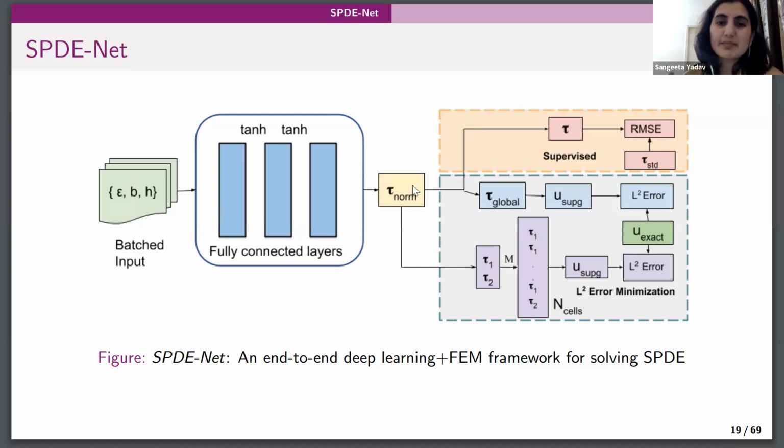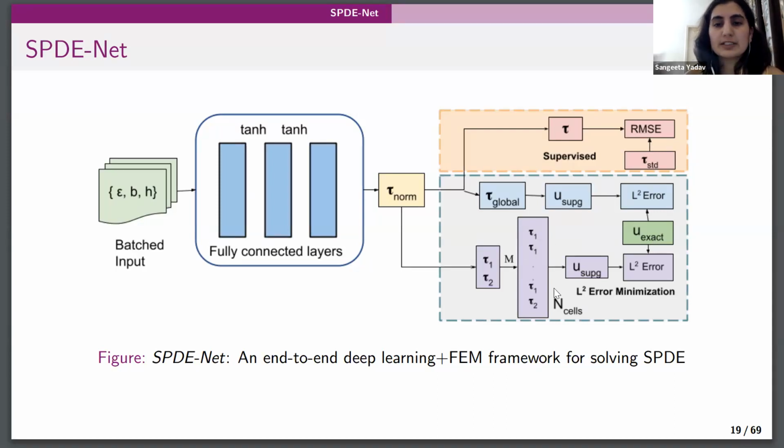And this stabilization parameter tau is used for three kinds of experiments. The first one is the supervised technique, wherein we use root mean square error between predicted tau and the tau coming from the standard formula, which we have seen earlier. The second experiment is the tau global experiment, wherein we substitute normalized tau in and obtain SUPG solution from it. And further, this SUPG L2 error between SUPG solution and the exact solution is used to learn the weights of the neural network.